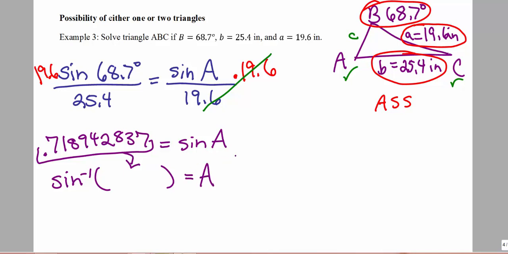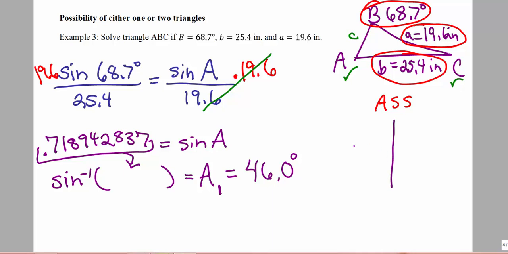And our calculator should give us a possible angle for angle A. And remember that the calculator will tell us the quadrant 1 angle. So the quadrant 1 angle, rounding to the nearest tenth again, I get 45.96, which when I round to the nearest tenth, I get 46.0.